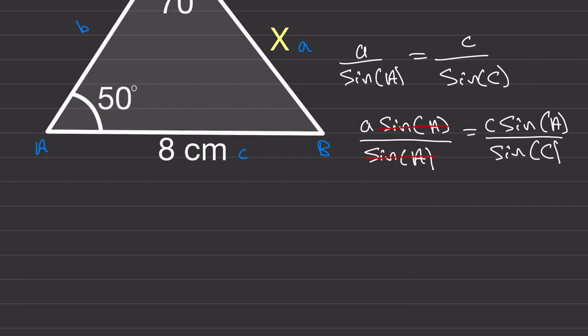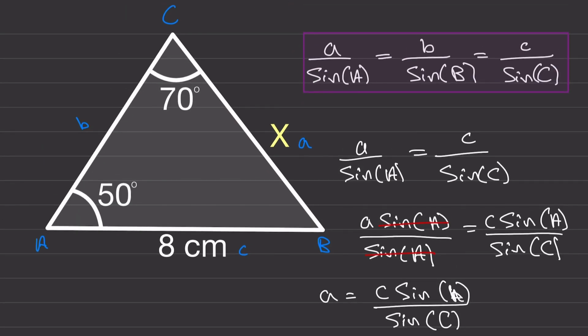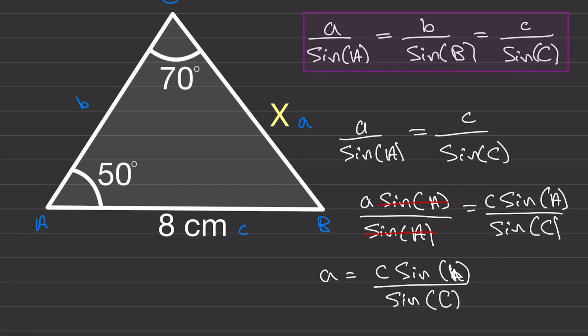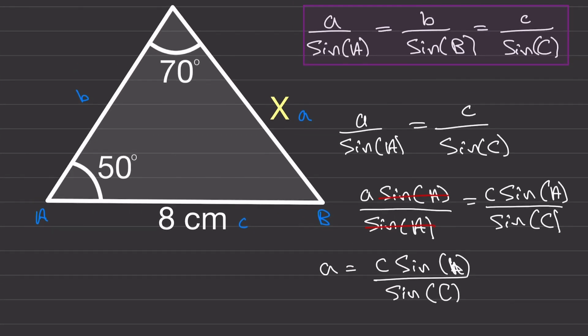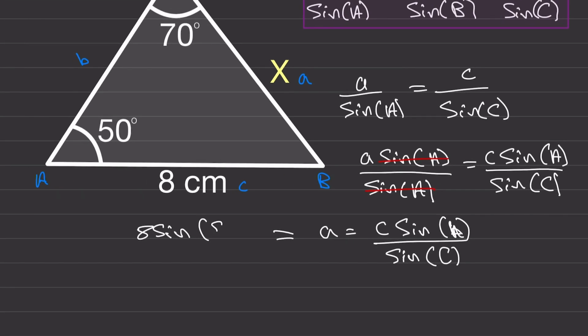So we have this equation here: a is equal to c sine A divided by sine uppercase C. If we plug in our values, c is 8 centimeters, so 8 sine A, which is 50, divided by sine C, which is 70.